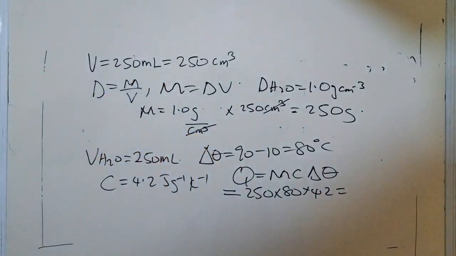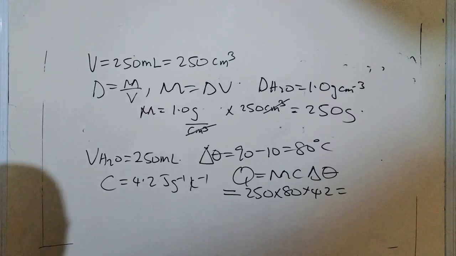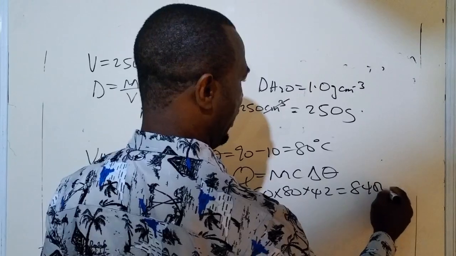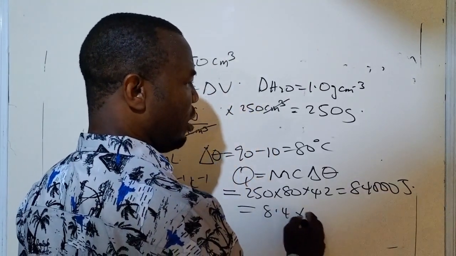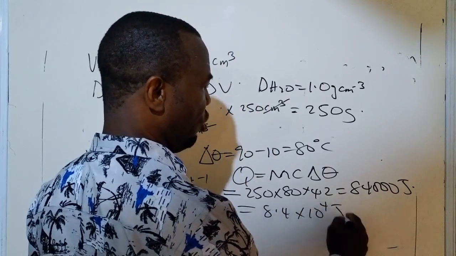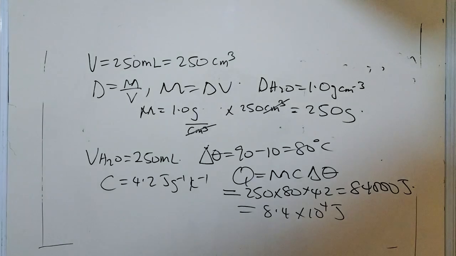So when we solve and get our final answer, it becomes 84,000 joules of heat energy supplied to the water, 84,000, or in standard form, 8.4 times 10 to the power 4 joules. So that is the amount of heat that was supplied to the water. So that is it. So that's the concept of heat.